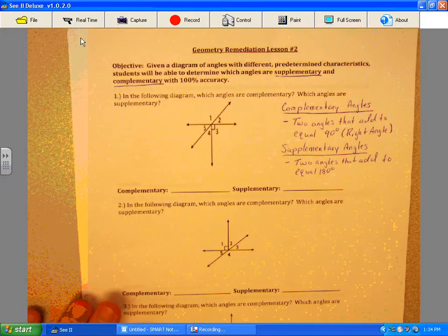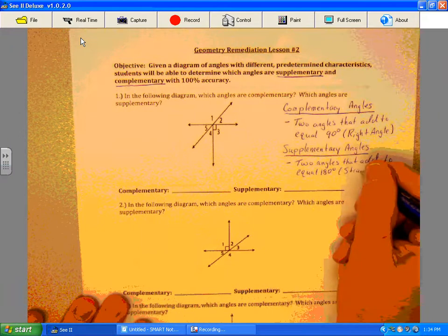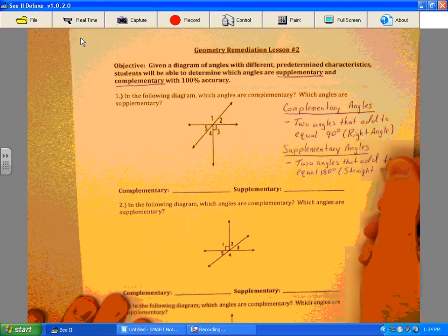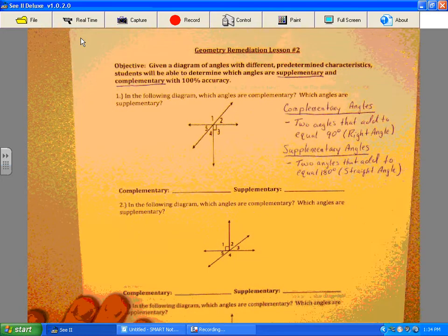And we call a 180-degree angle a straight angle. And a straight angle is nothing more than a straight line.